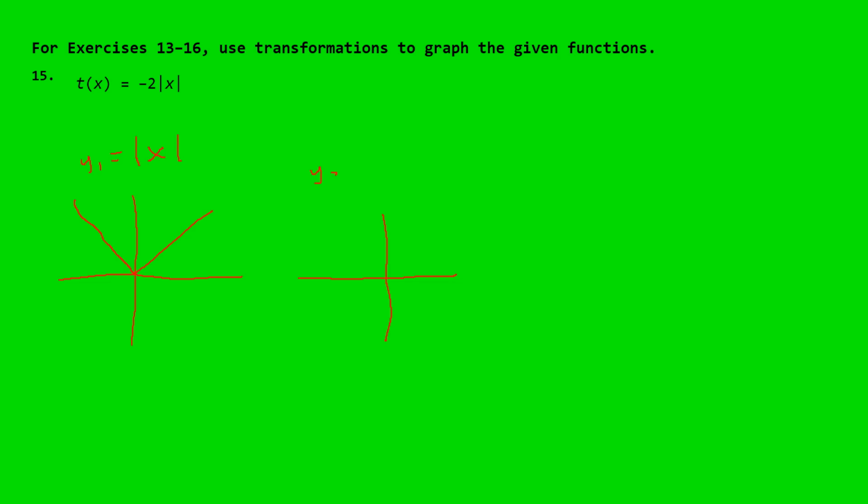So y2 equals 2 times, and I'll deal with the negative in the last stage, 2 times absolute x, and the effect of the multiplication by 2 is to narrow the graph. I'm going to make that look a little bit better. Sorry.